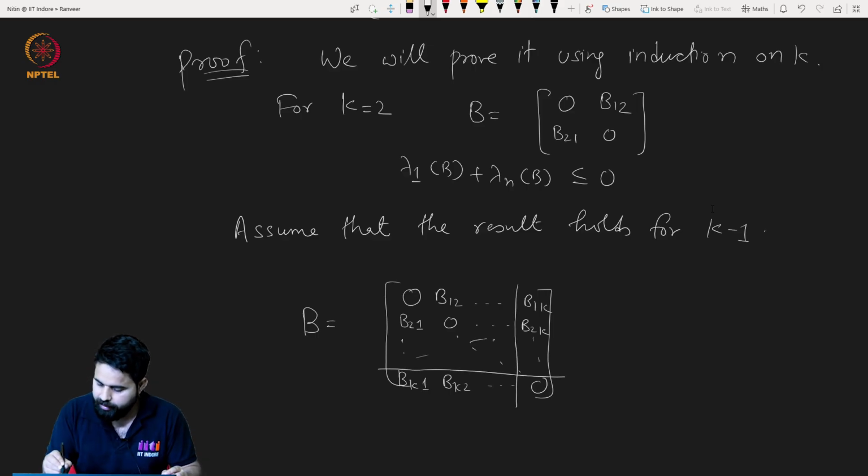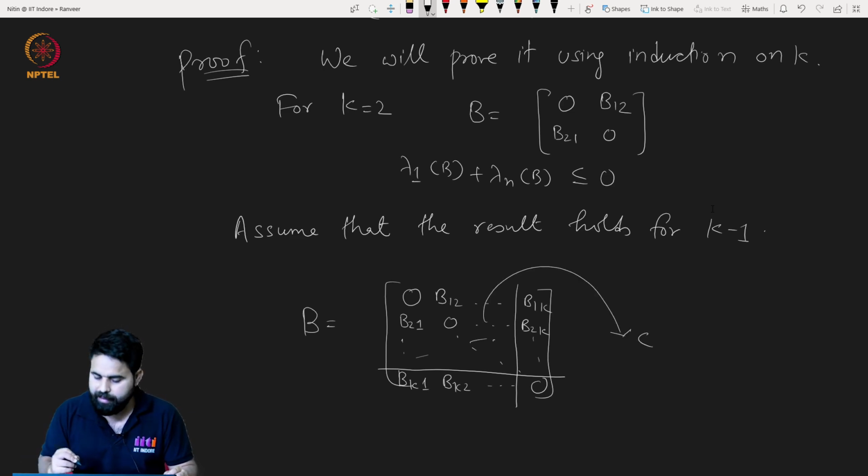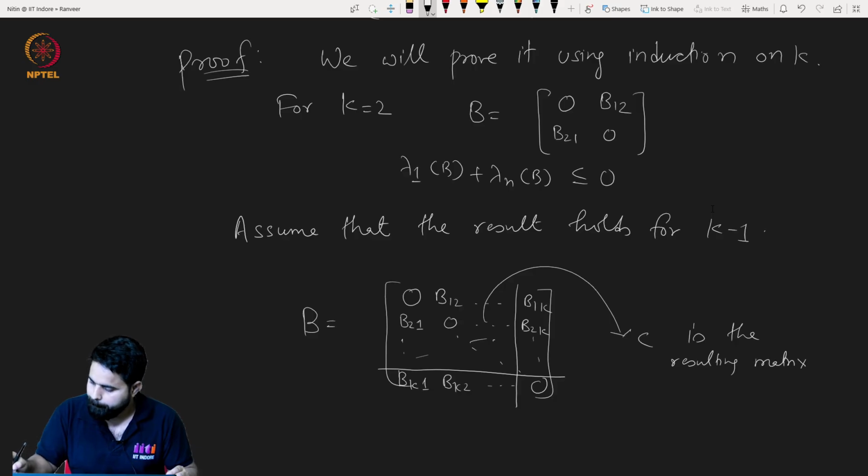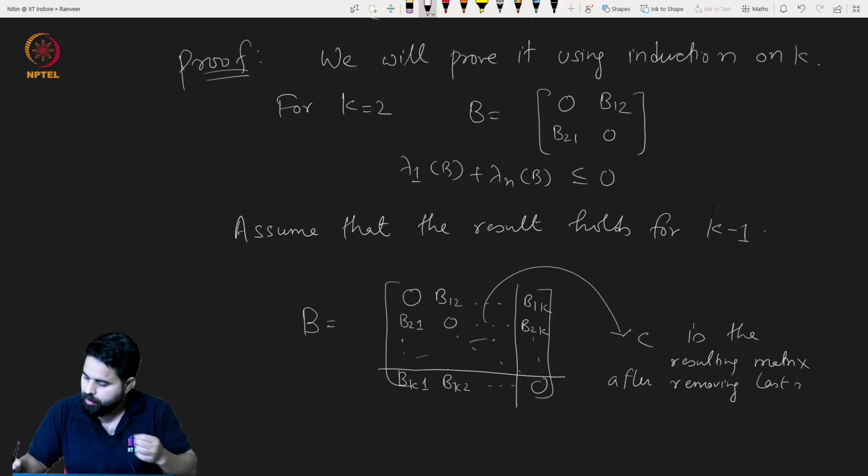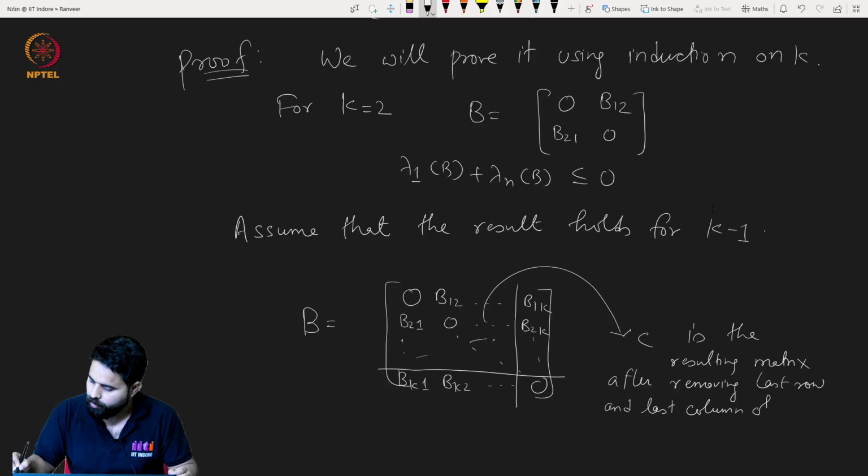Basically this part, call it C. Suppose this matrix is C. Basically C is the resulting matrix after removing the last row and last column of blocks.